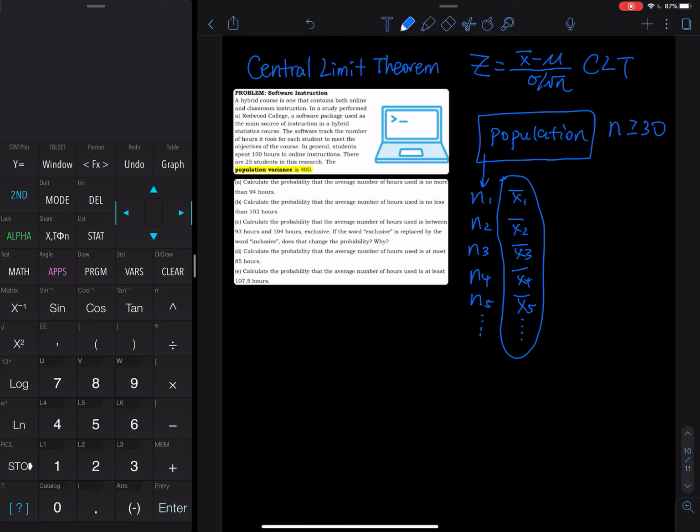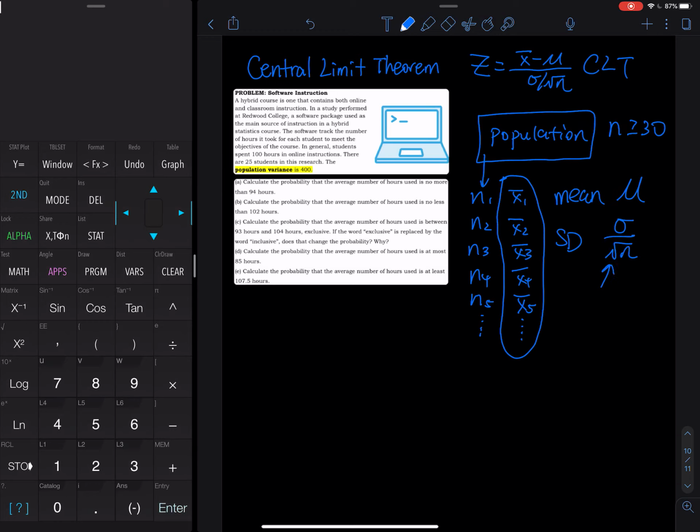So these x bars you see right there have their own normal distribution, with mean mu and standard deviation sigma divided by square root of n.